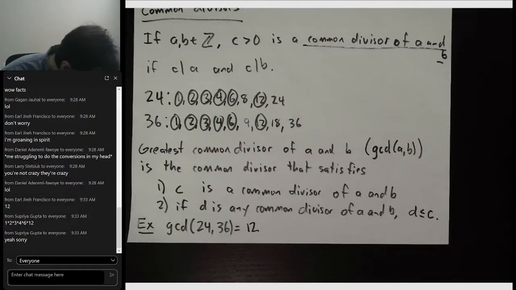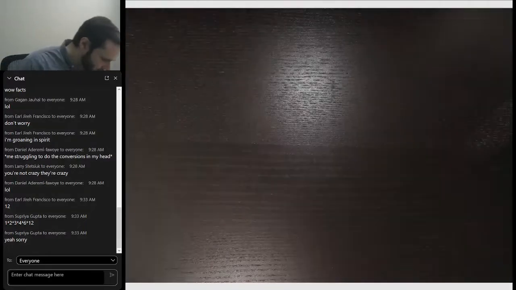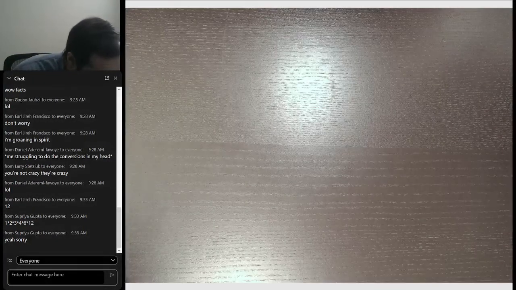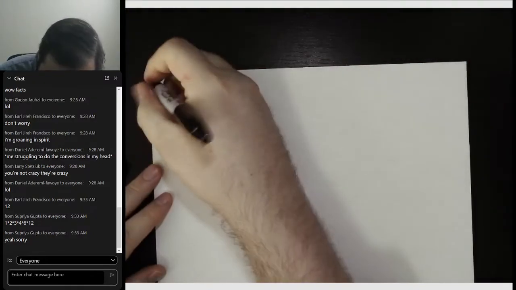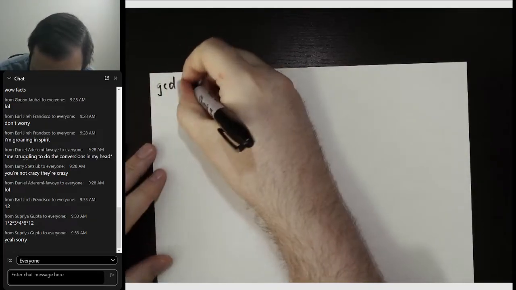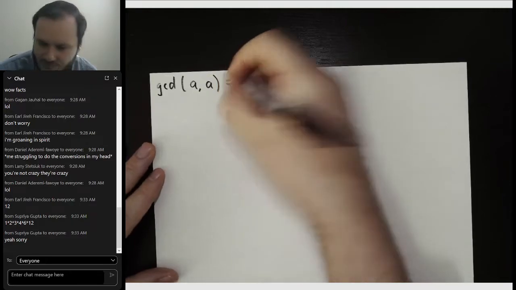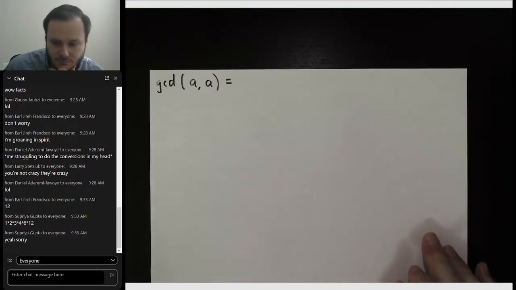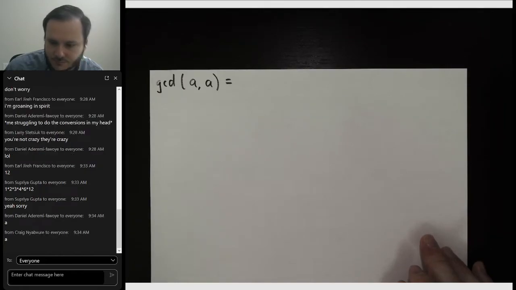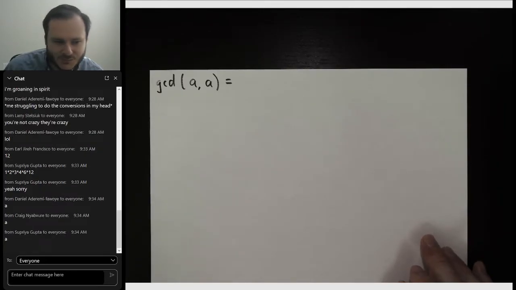So a couple quick examples. What is the GCD of A with itself? Tricked you.